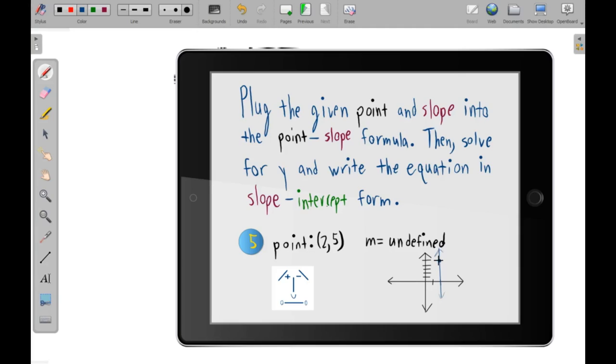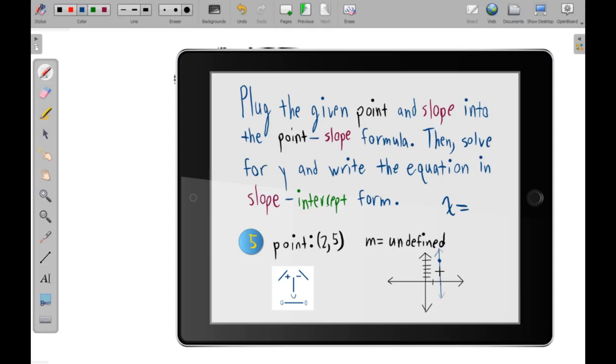But we're not going to be able to put this in slope-intercept form. Why? Because when we have a vertical line, it's always x equals a number, not y equals a number. So x equals what? Well, we see that we have a point given 2, 5, right?